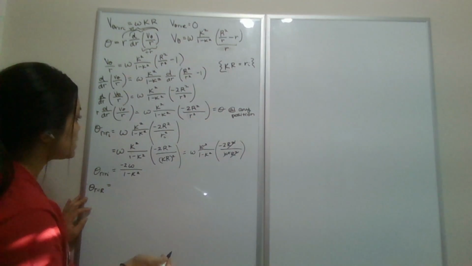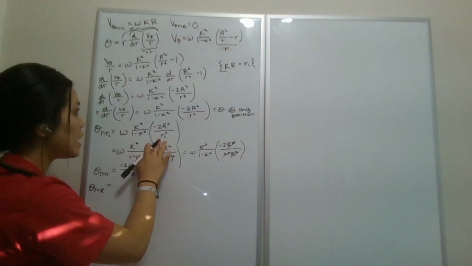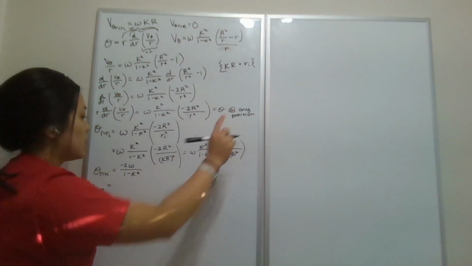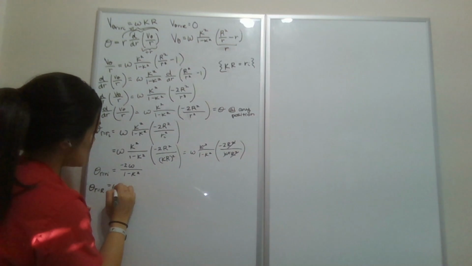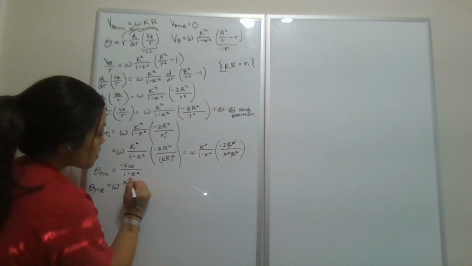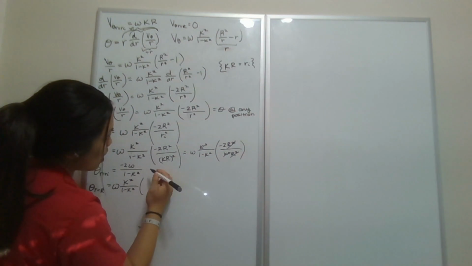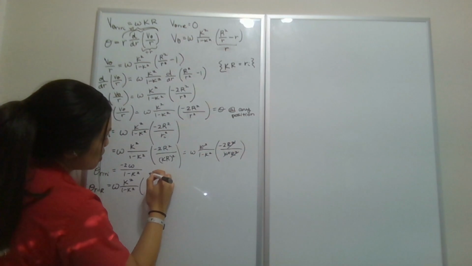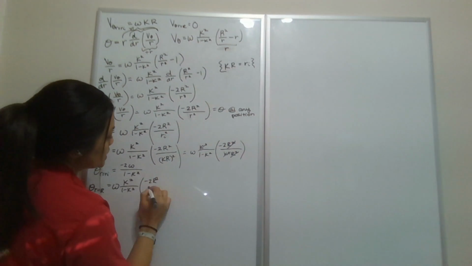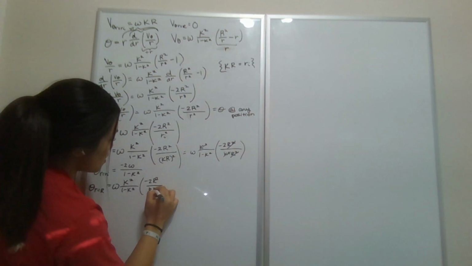So similar to what we did earlier, we're going to plug the outer radius in for the radius here when we identified what the shear rate at any position was. So that's going to give us the angular frequency times the proportion between inner and outer radius squared divided by 1 minus the proportion squared times the quantity of -2 times the outer radius squared divided by the outer radius squared.